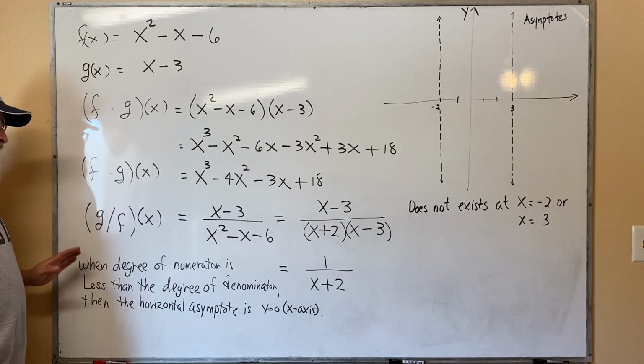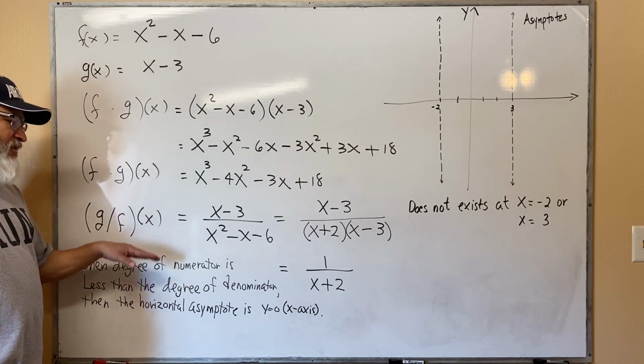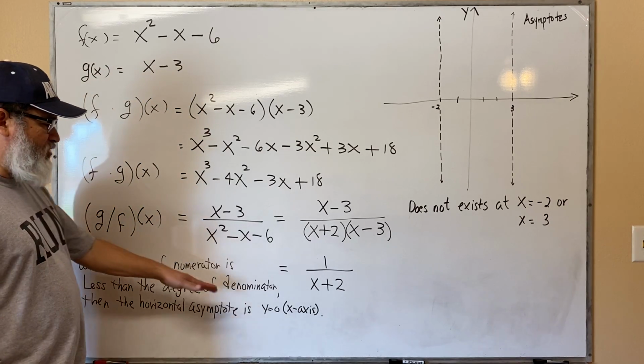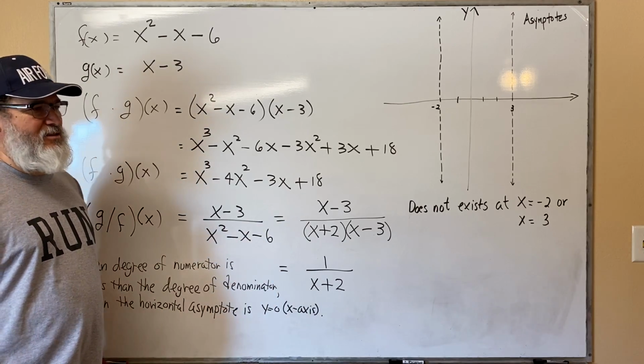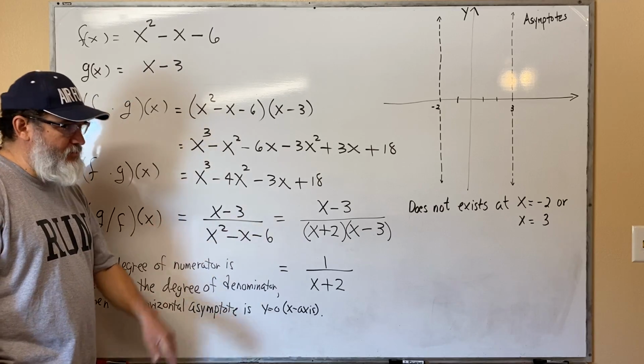When the degree of the numerator is less than the degree of the denominator, then the horizontal asymptote is the x-axis. Now this is to find the horizontal asymptote.